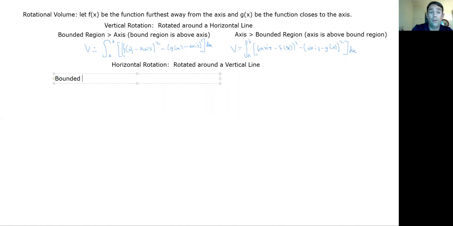When we say the bounded region is greater than the axis, that means the bounded region is to the right. And if we say that the axis is the greater, it means it's to the right.